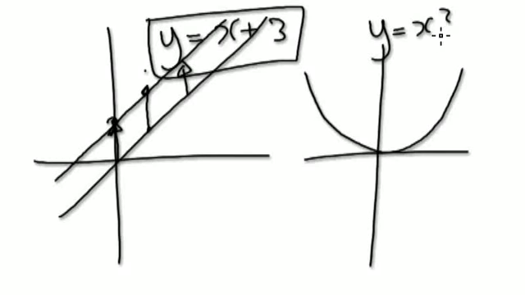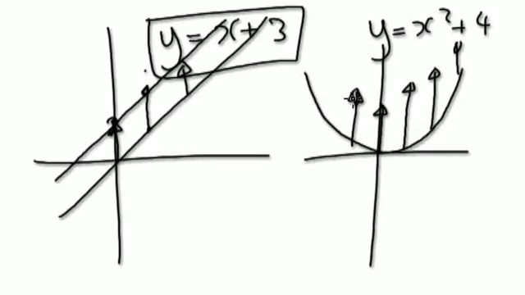Okay. Well, the same is true with x squared. If you let's say plus 4 here, every point here gets shifted up 4. Everything gets shifted up 4. So here it's another U shape.